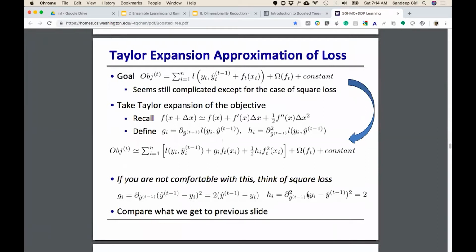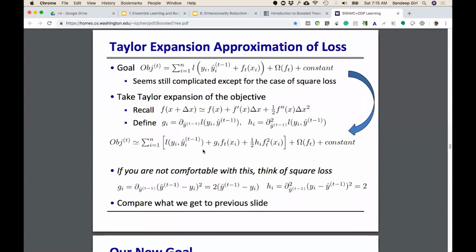And the second derivative of your mean square error is the derivative of this one, which is 2, correct? So the gist is that we are defining two variables, g and h. G represents the first derivative of your loss function, while h represents the second derivative.